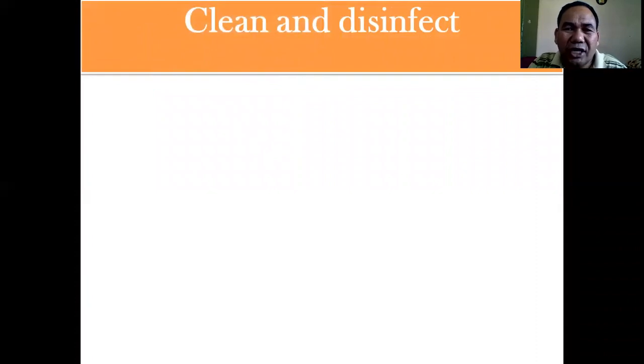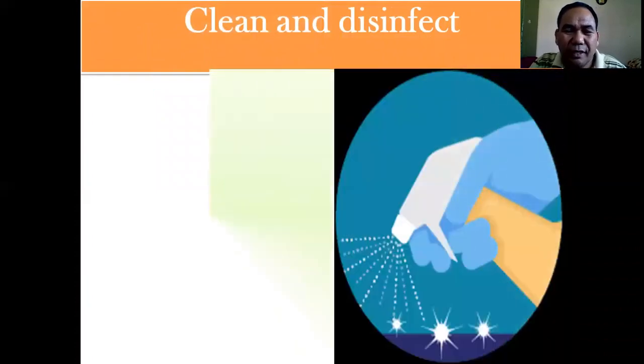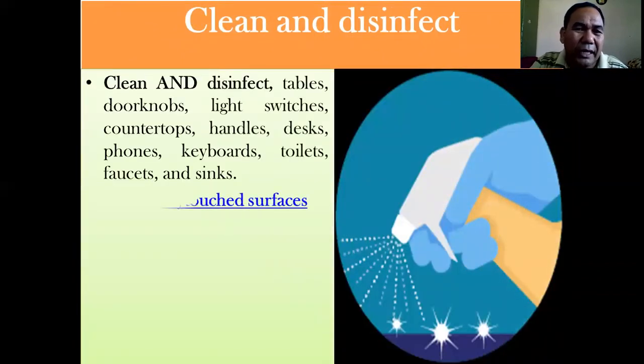And clean and disinfect. Clean and disinfect the tables, doorknobs, light switches, countertops, handles, desks, phones, keyboards, toilets, faucets and sinks. These are frequently touched surfaces. It is an information link.